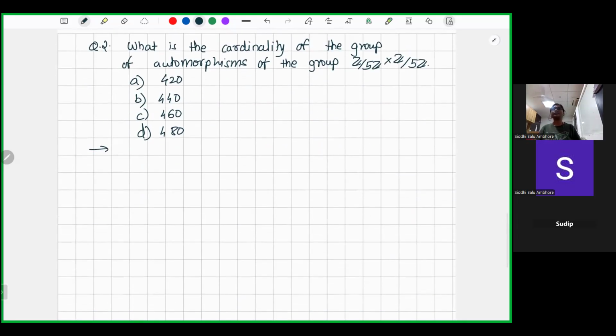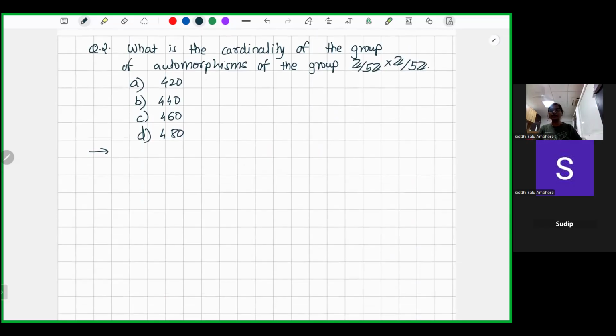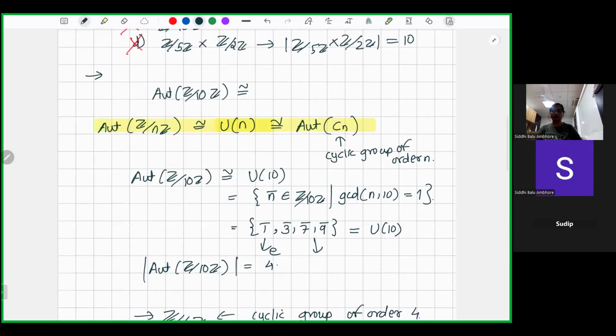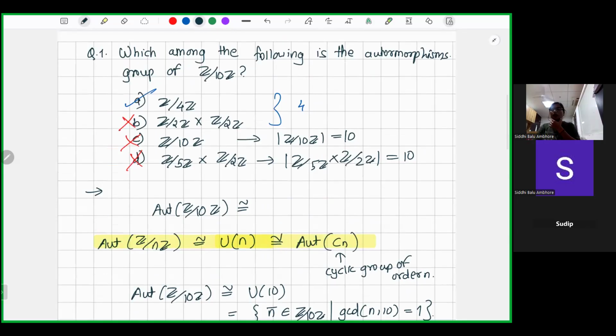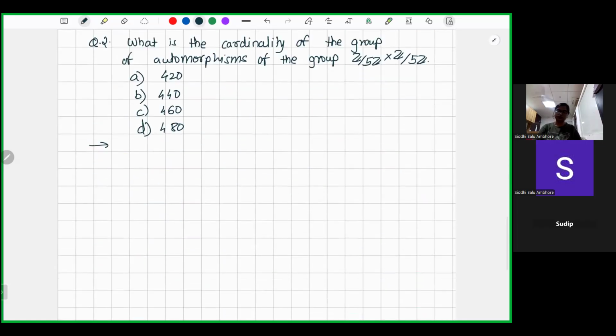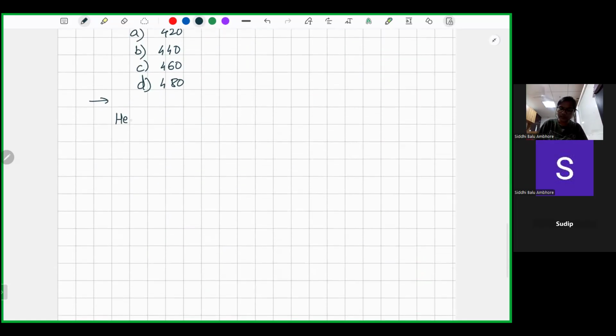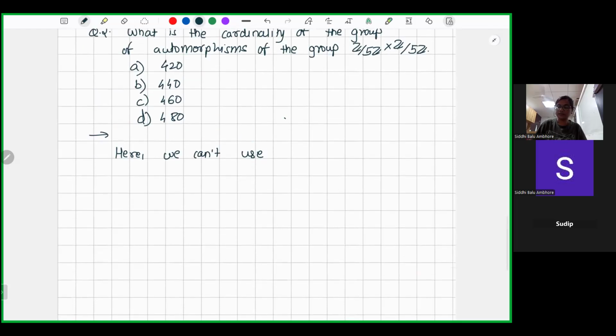So any ideas how? Note that here we can't use this argument. This is Z5 cross Z5, and the order of this group is 25.